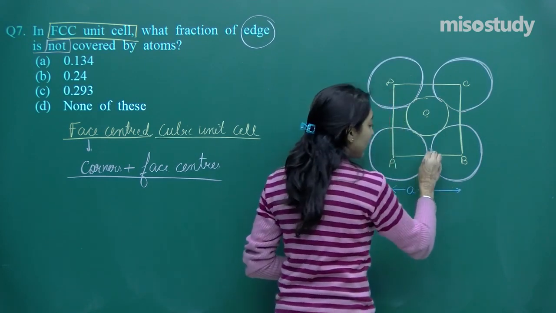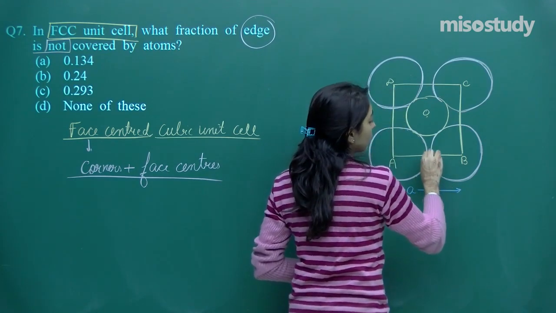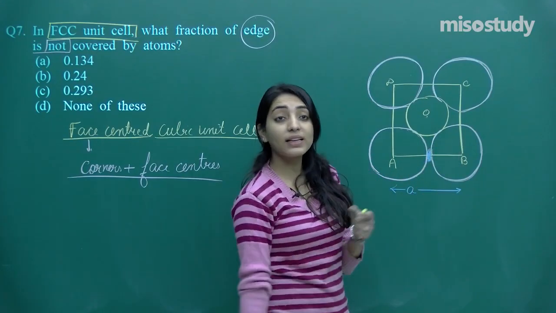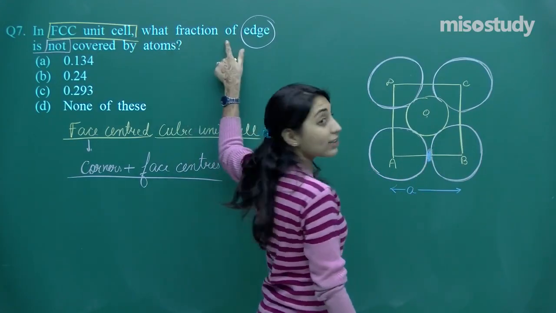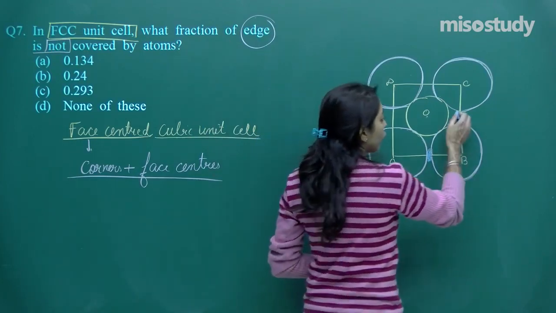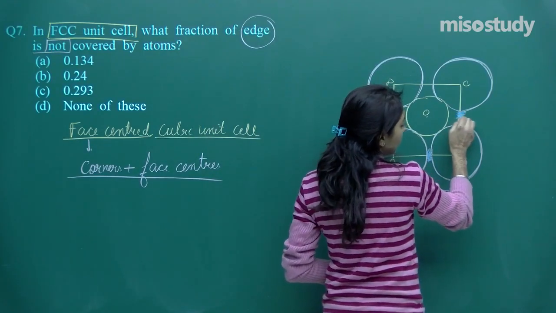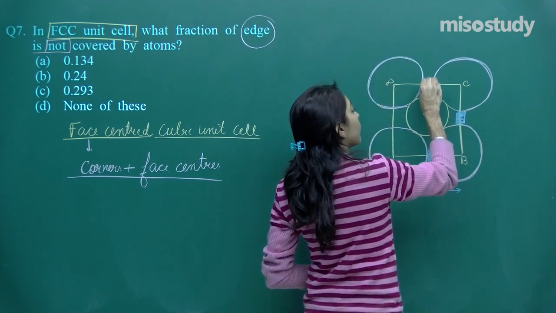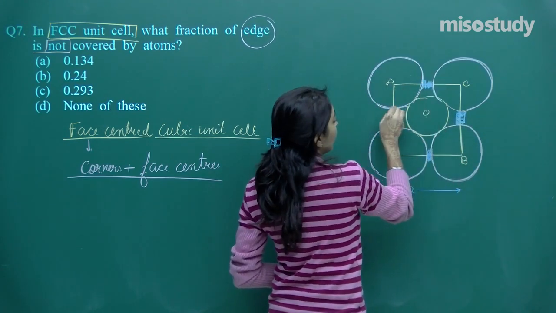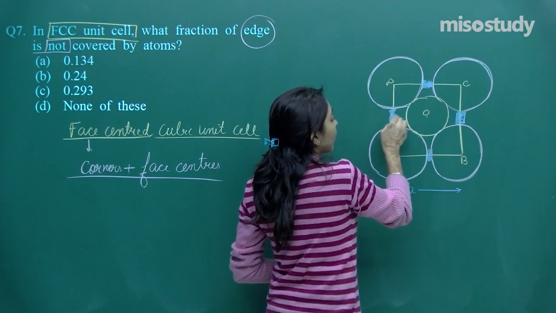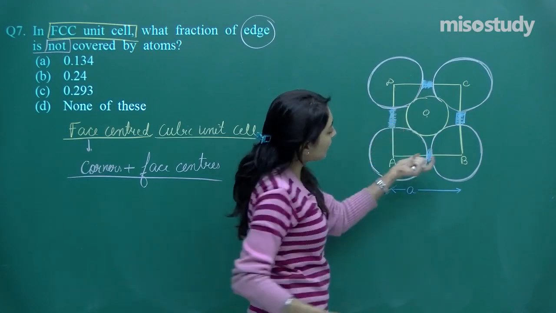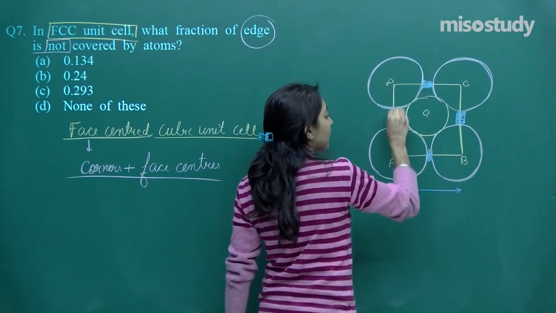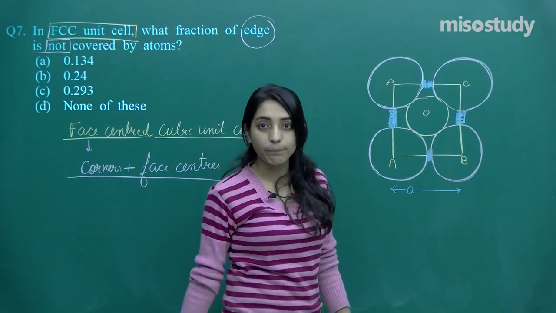But you can see, right, this blue portion is not covered. So we need to figure out the length of this blue portion, but in terms of ratio, what fraction of edge length is not covered. So this is the same blue length, I should say, not the area. Similarly, here we have this blue length and here we have this one. Because of the unsymmetrical drawing, you can see they may be different in sizes, but if you draw them symmetrically, the blue lengths will be the same, right?